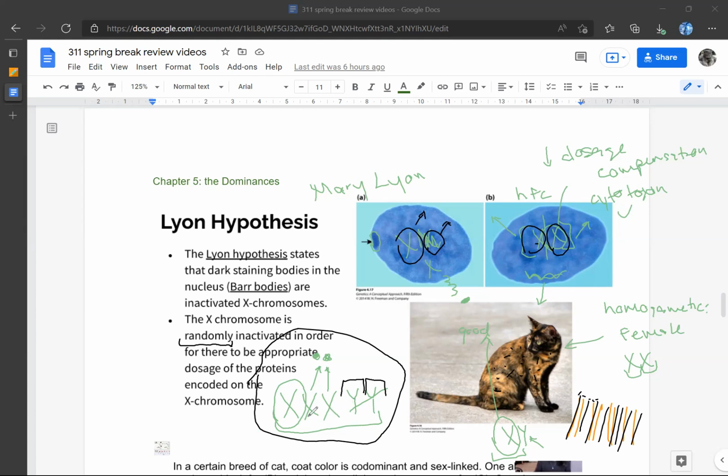But the male would have access to 1, 2, 3 different X chromosomes, and it's random whether this one would get deactivated versus this one versus this one. So maybe this one coded for orange hair, this one for black, and this one for white. And so different cells at different points in a male cat's body would show that mottled calico appearance. But you'd only see that in a male cat that has more than 1 X chromosome, which is very unusual because most males only have 1 X chromosome.